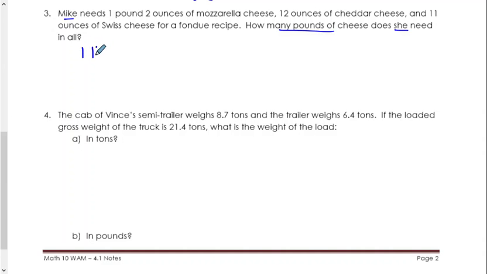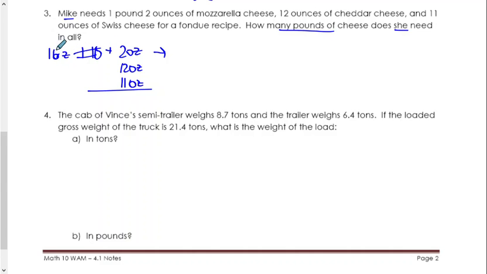So one is what we did with our feet and inches, and add pounds and ounces. So I have 1 pound, 2 ounces, and then there are 12 ounces, and then there are 11 ounces. So I could add those up and then turn those ounces into pounds. The other way, which is what we're going to do here, is, well, this 1 pound, 2 ounces would be pretty easy to turn into just ounces. 1 pound is 16 ounces.